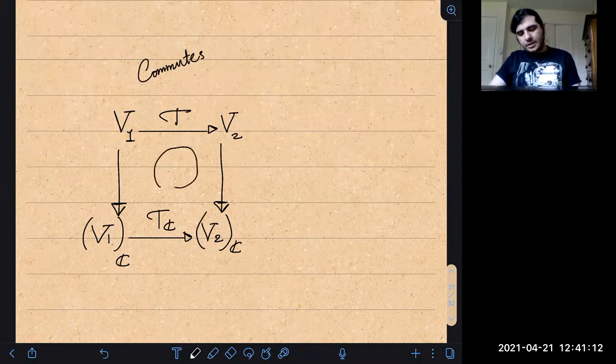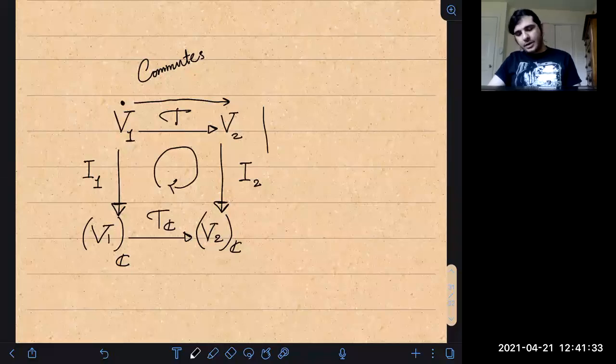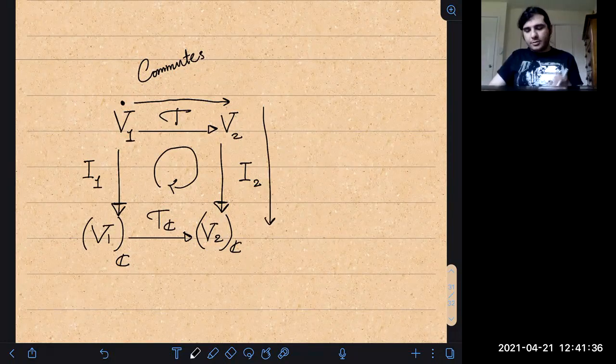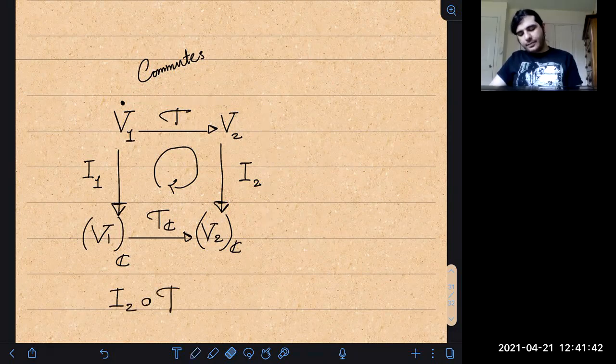And this is the notation. What does it mean? If I show the first map with I1 and the other one with I2, it means if you start from V1 and first go to V2 using T and then come down using I2, the map you get is the composition of these two maps, I2 composed with T. Now you could start from V1, but rather than using T, you could use I1 and come down here and then use TC to get to the same destination.